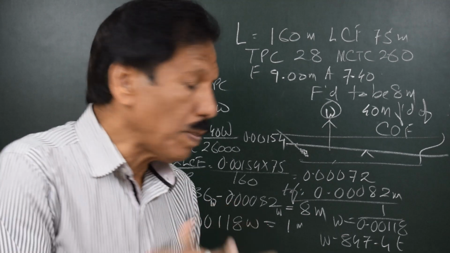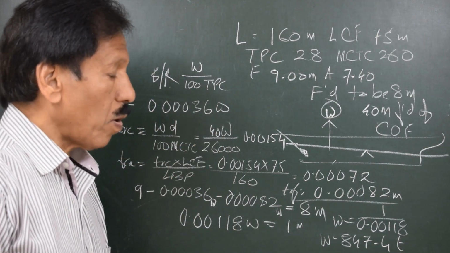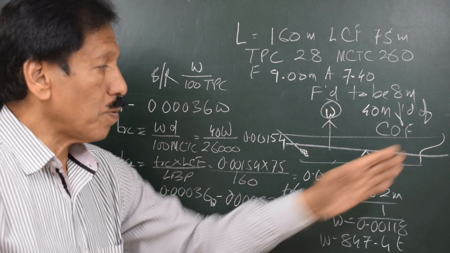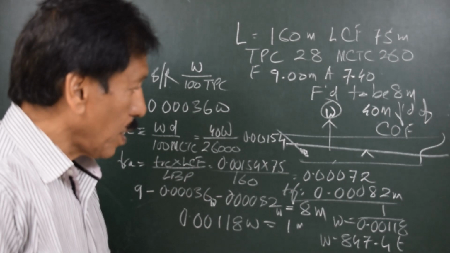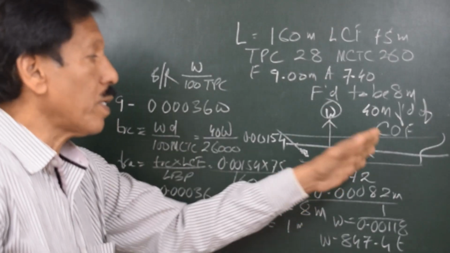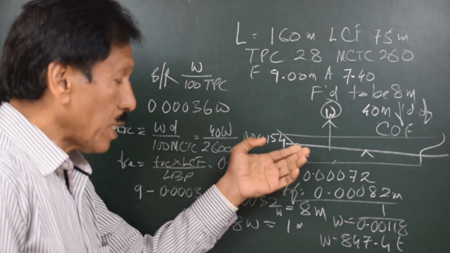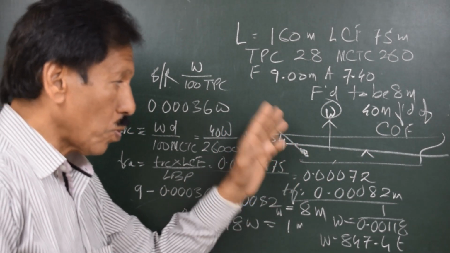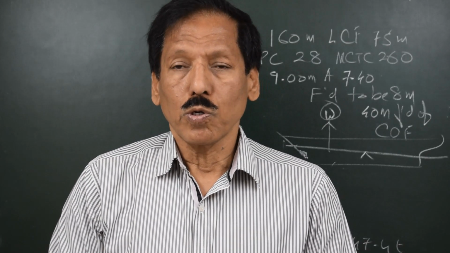So a similar equation can be done for a position forward or a position aft, for loading as well as discharging. But of course, if we are loading, it cannot be done forward of the center of flotation. To get the draft to 8 meters, we'll have to do the loading only aft if it is possible. So we know the forward draft is going to be 8 meters.